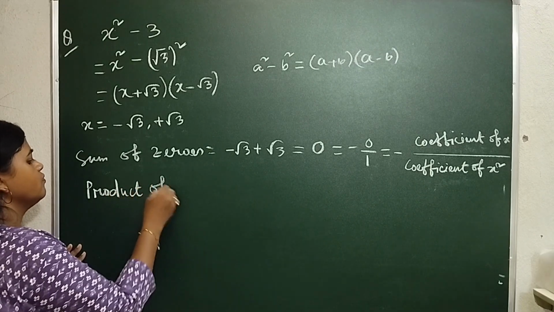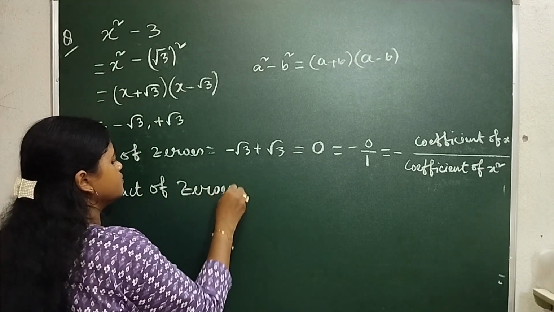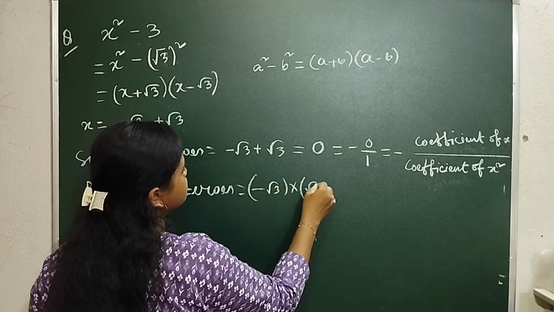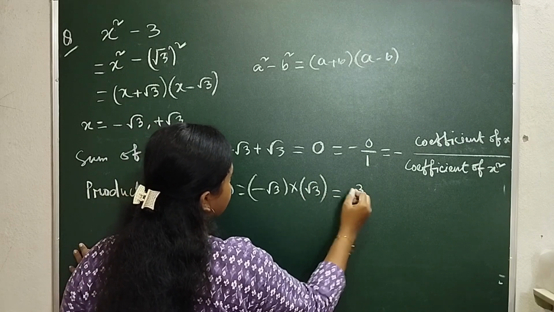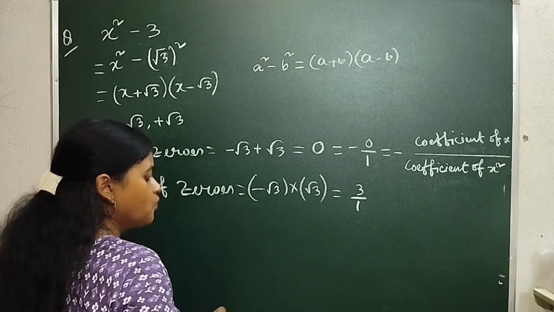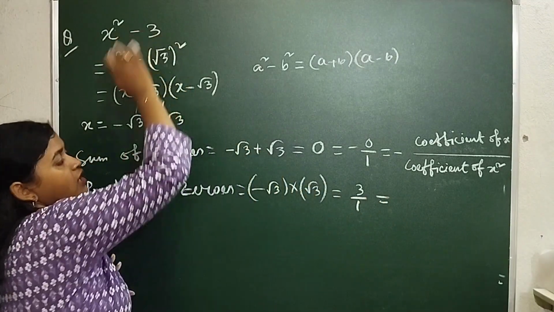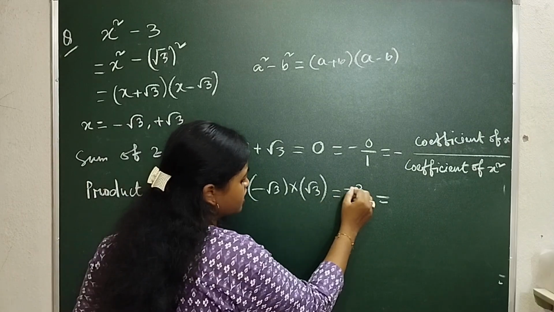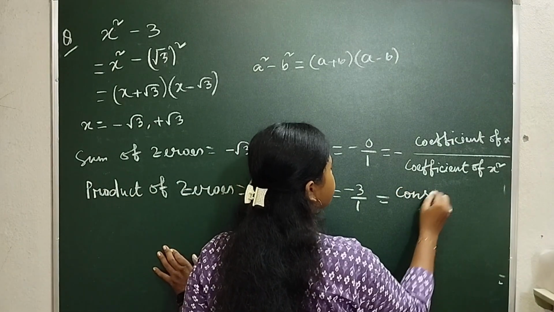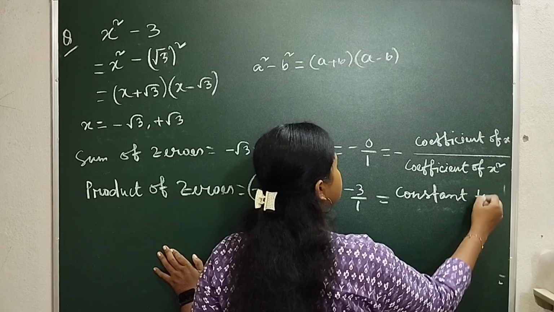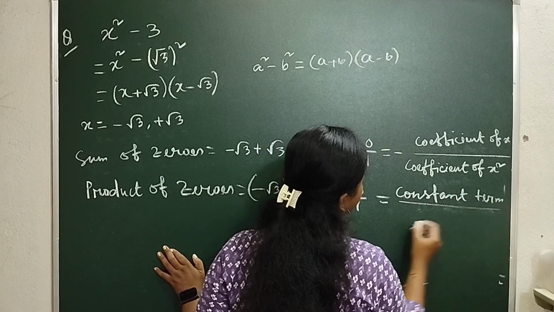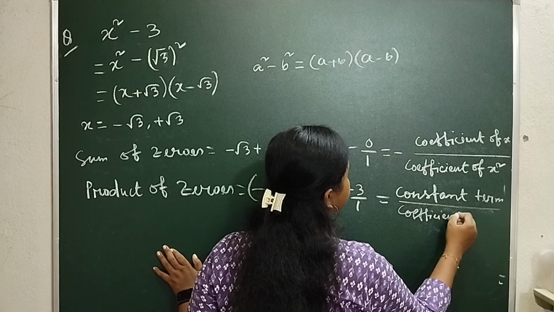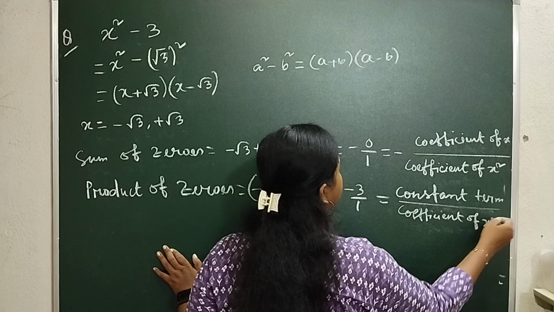Next, find out the product of the zeros. Product of zeros equals minus root 3 into plus root 3. So that becomes minus 3, and we can write it as minus 3 by 1. So here minus 3 is the constant term. So constant term by coefficient of x square.